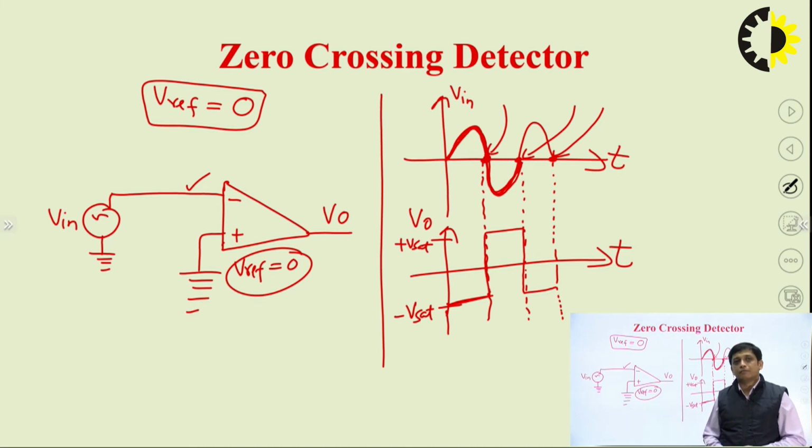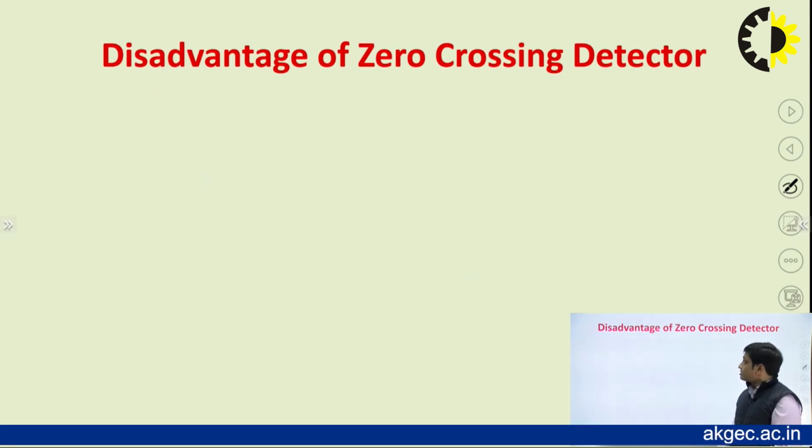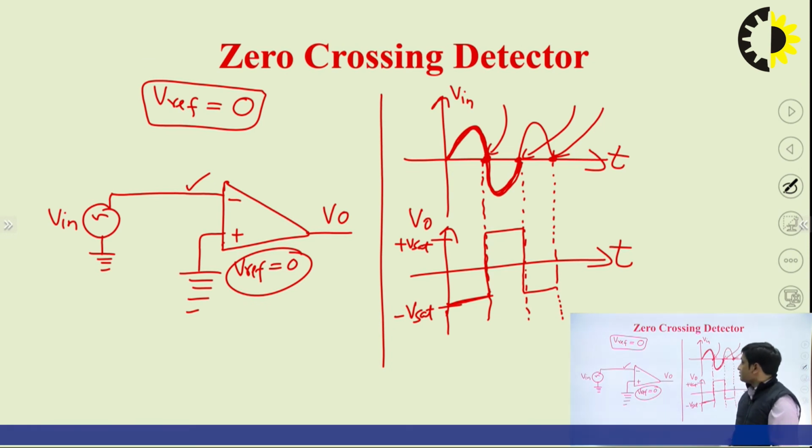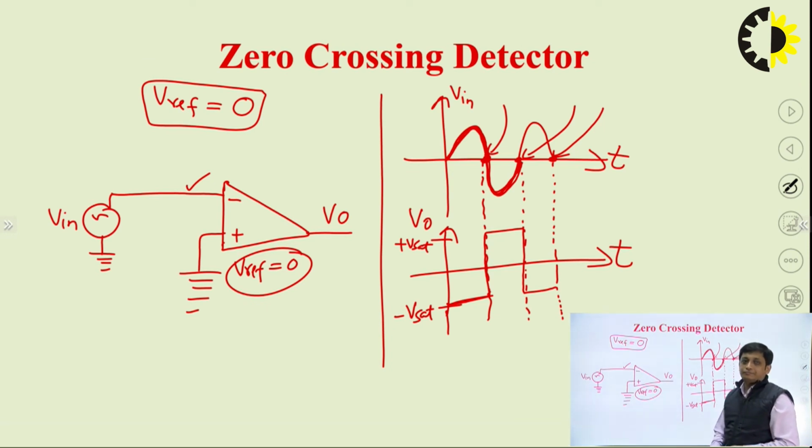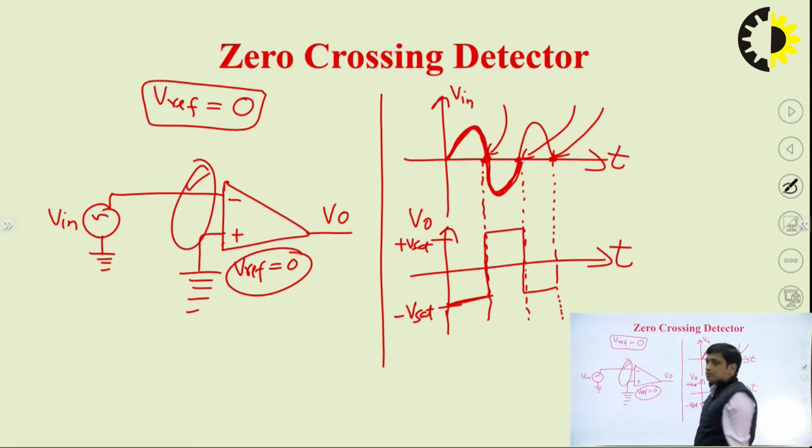But in this zero crossing detector there is one issue, and that is the disadvantage of this zero crossing detector. To understand this disadvantage, we know that at the op-amp's input terminal there will be noise, obviously.